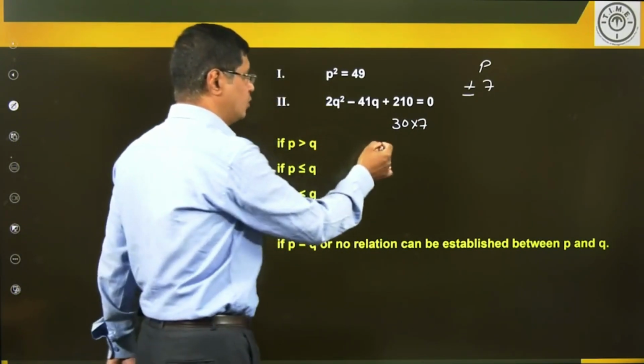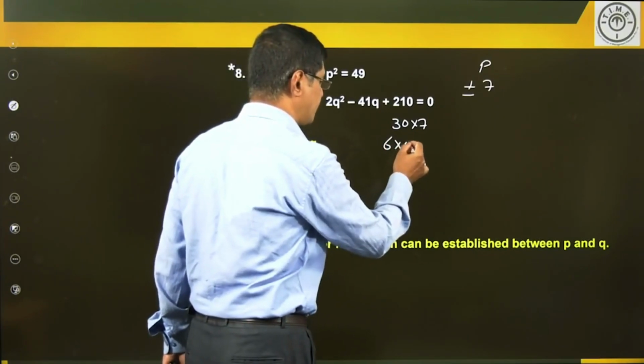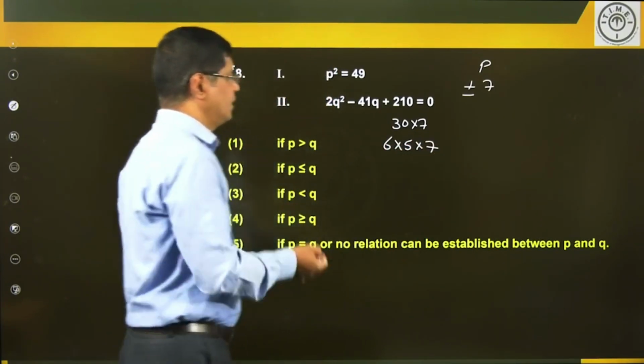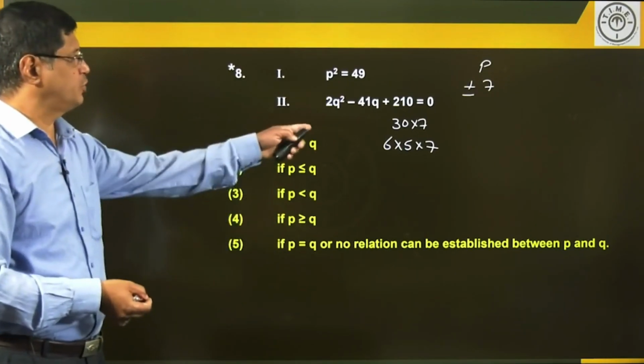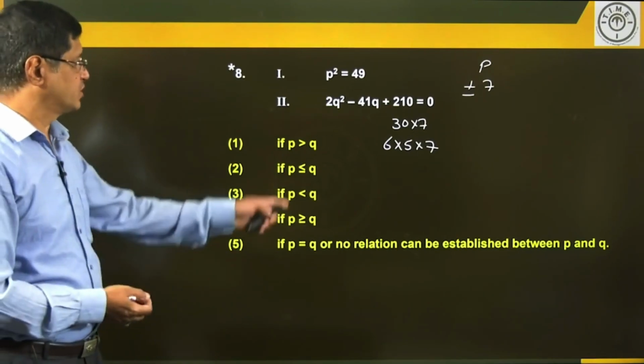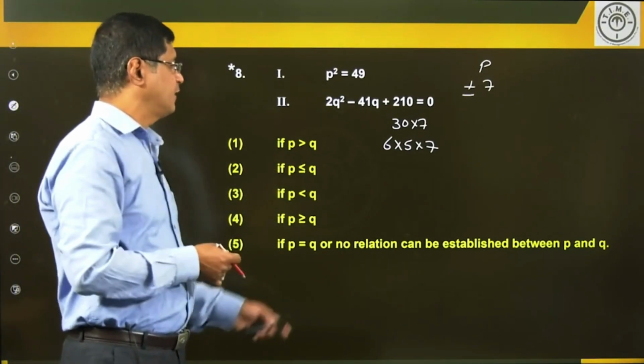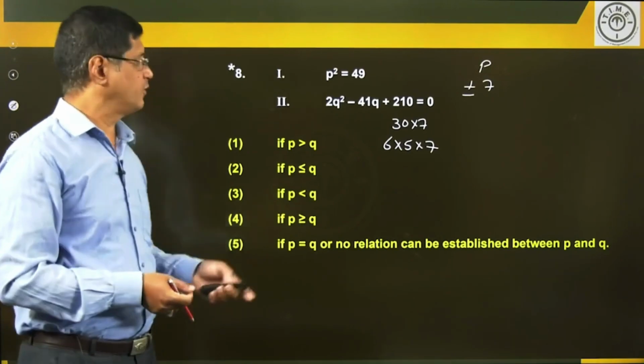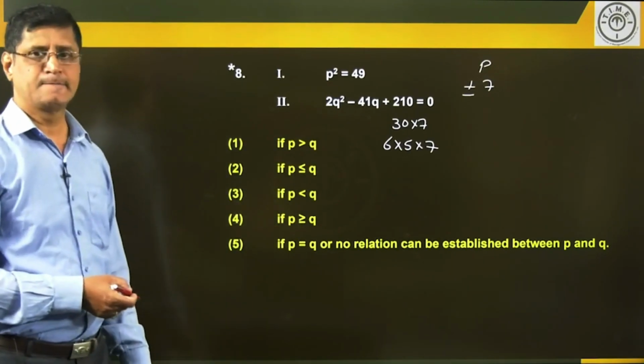Okay. Now, 6 into 5 into 7. Now, is it possible to get the middle value, that is 41? Yes, my dear student, just look at this one. Is it possible to find the middle value 41 by using these factors?